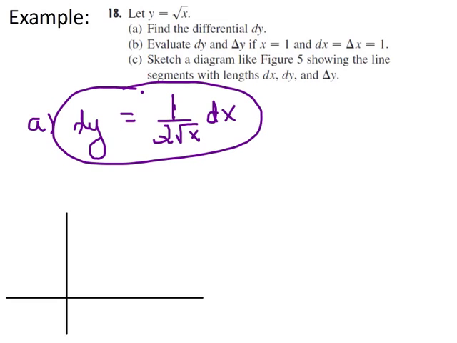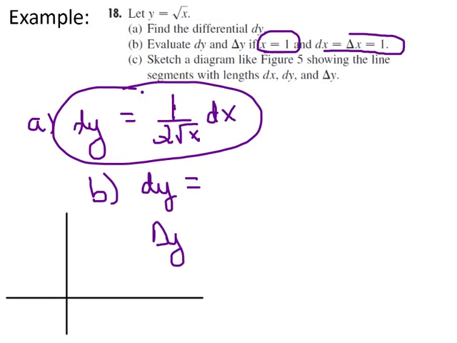Okay, so nothing new. Now evaluate dy and evaluate delta y if x equals 1 and dx and delta x, which are the same, both equal 1. So that's where I'm going to let this be a little bit interactive.